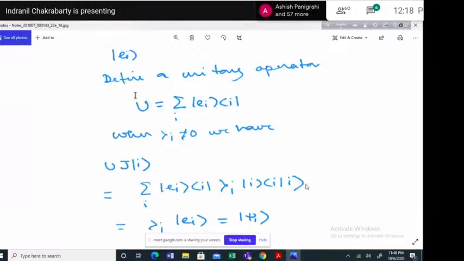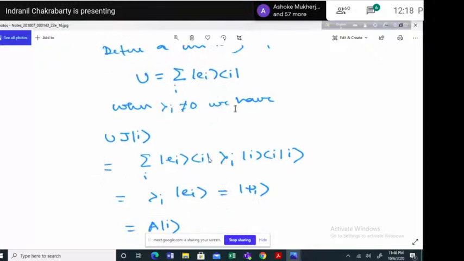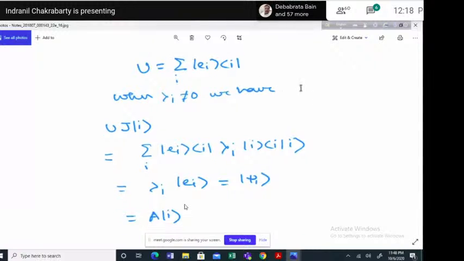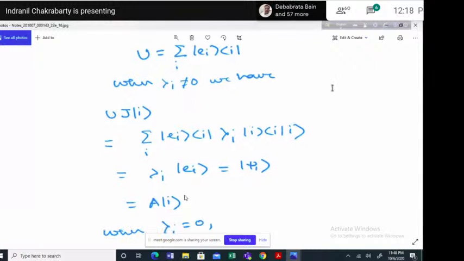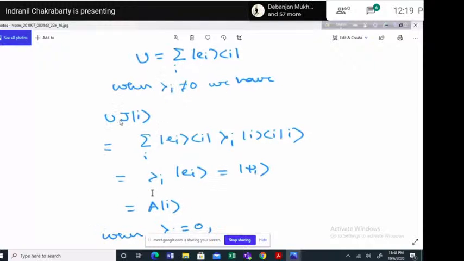The <i|i> will take you to 1 and lambda_i will come out, so you are only left with lambda_i e_i. Whenever i is not equal to j, those terms go to 0. So lambda_i e_i is nothing but psi_i, and psi_i is A applied on |i>. So for any i, UJ|i> is equal to A|i> for all i.